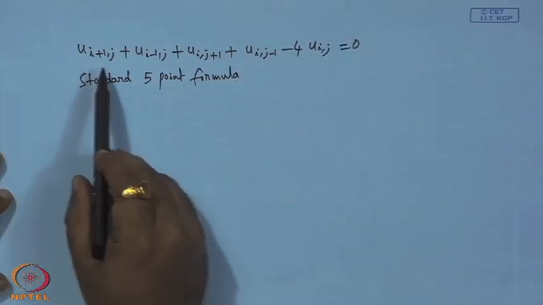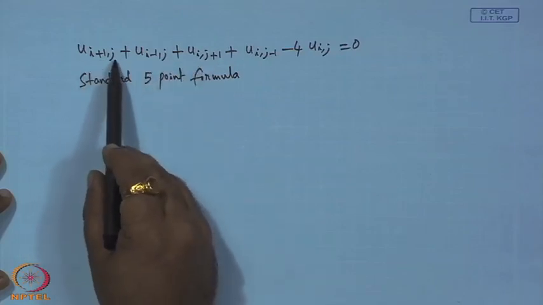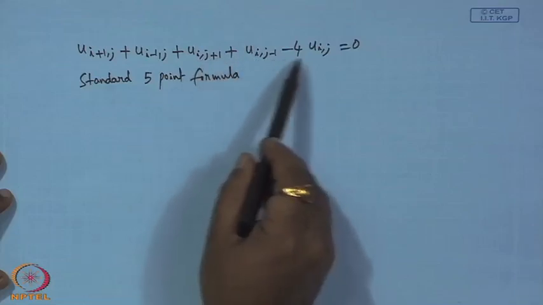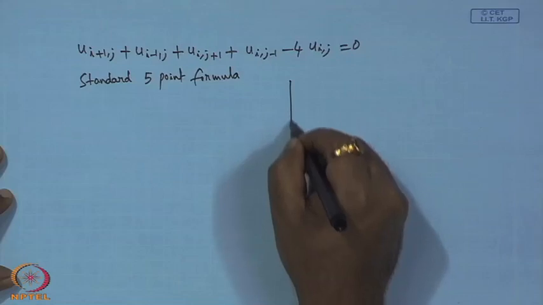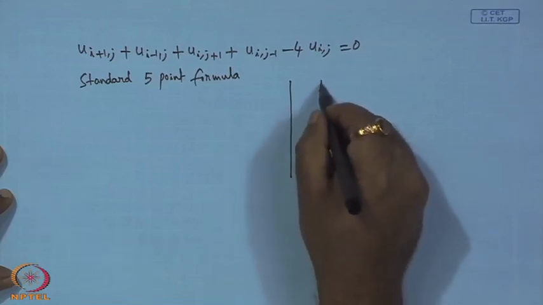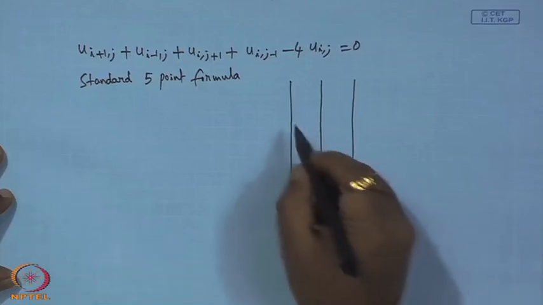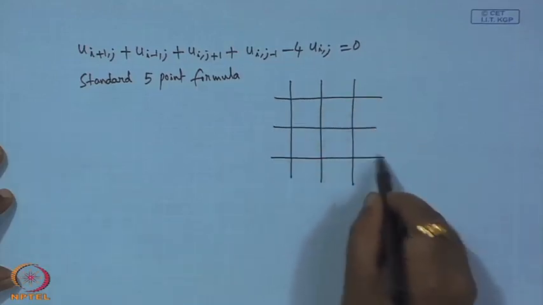Why? You can see, these are 5 points: i plus 1 j, i minus 1 j, i j plus 1, i j minus 1 and i j. So, this sits like this. Okay.